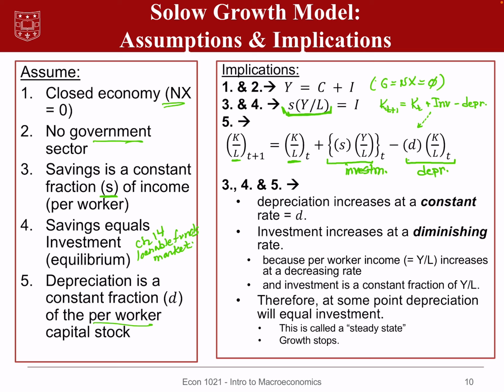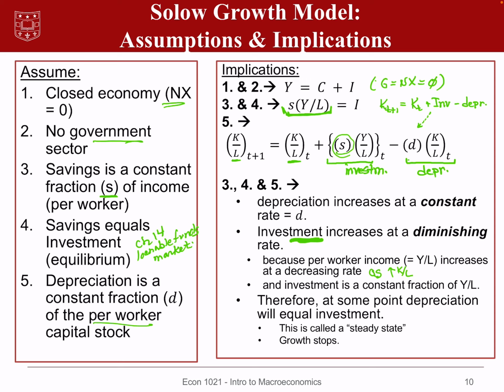We also know that investment is increasing at a diminishing rate, or at a decreasing rate, because investment is related to income per worker by this fraction s, and income per worker increases, as we just saw in the previous picture, at a decreasing rate as we increase capital per worker.